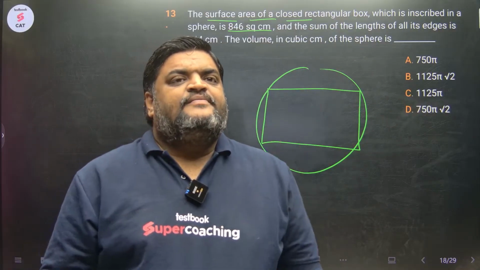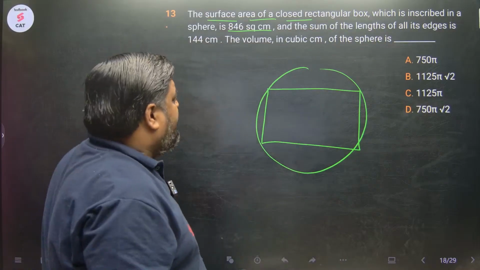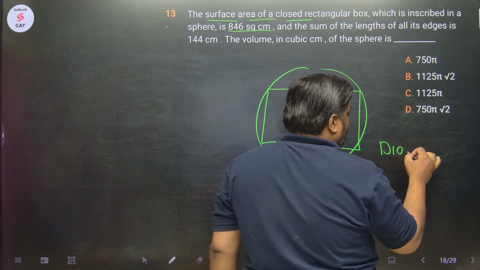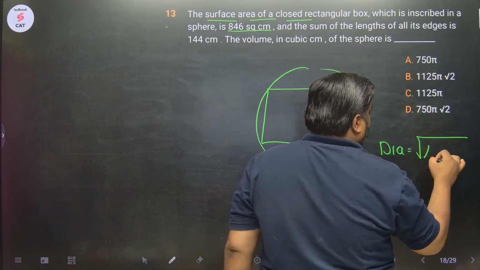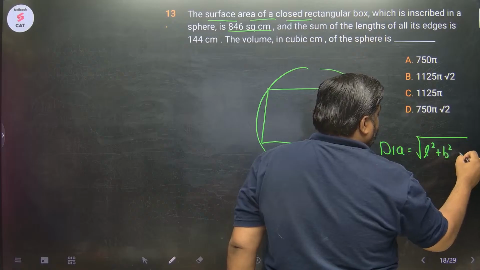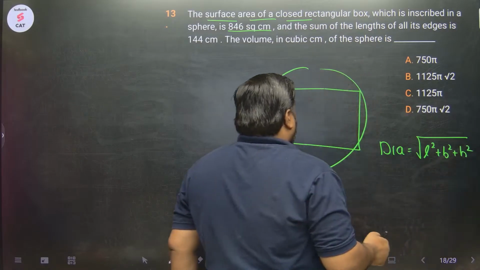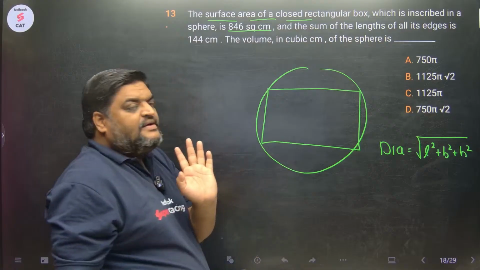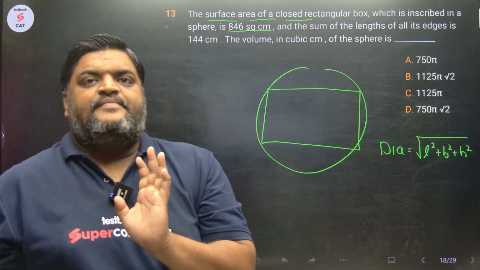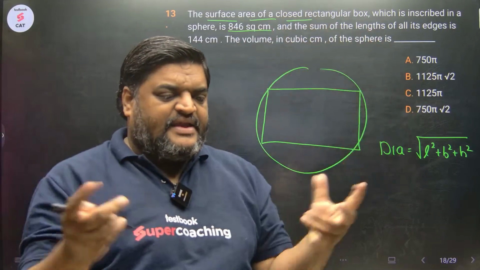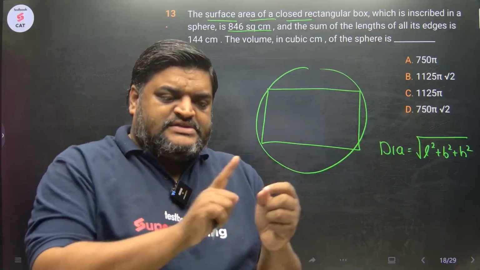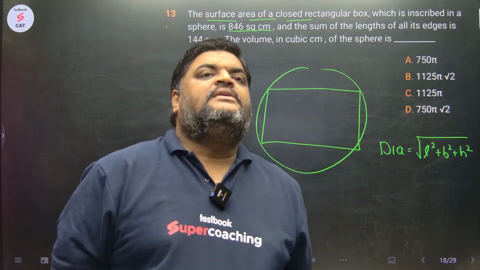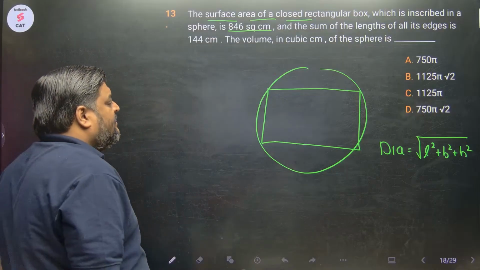So what do we get? What would be the diameter of the sphere? So diameter of a sphere would be square root of L square plus B square plus H square. The body diagonal of this box will behave as the diameter of the sphere.